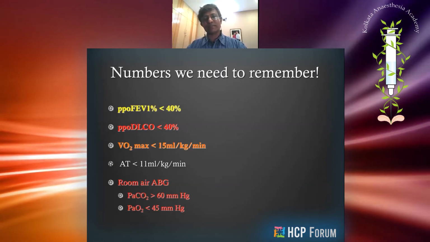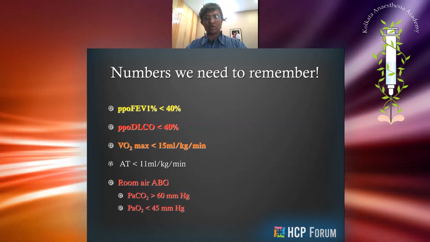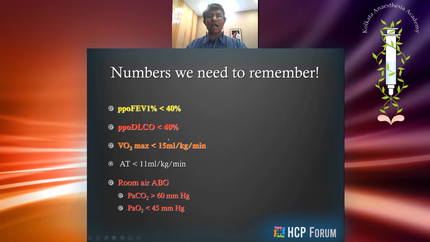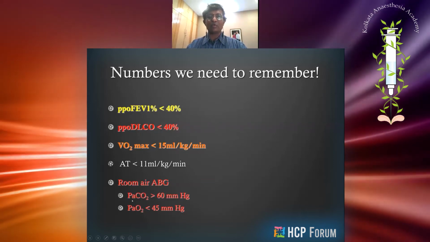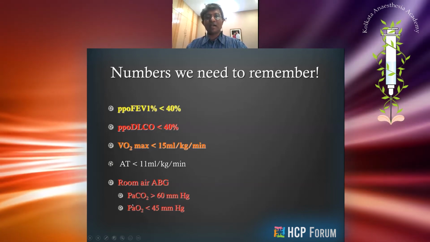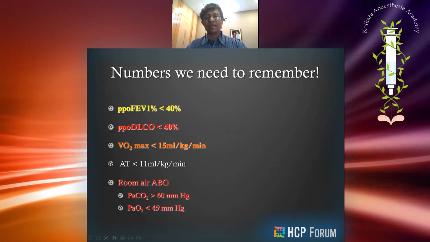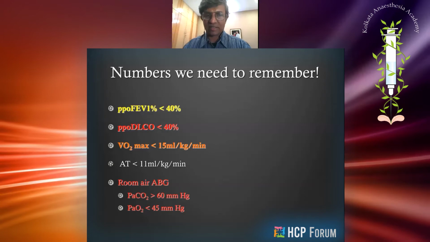Neither is an anaerobic threshold of less than 11 ml per kg per minute. Similarly, if you can't get these last two values, if you have a room air PCO2 greater than 60, it is not a good sign. And a room air PO2 of less than 45 millimeters of mercury is not a good sign.